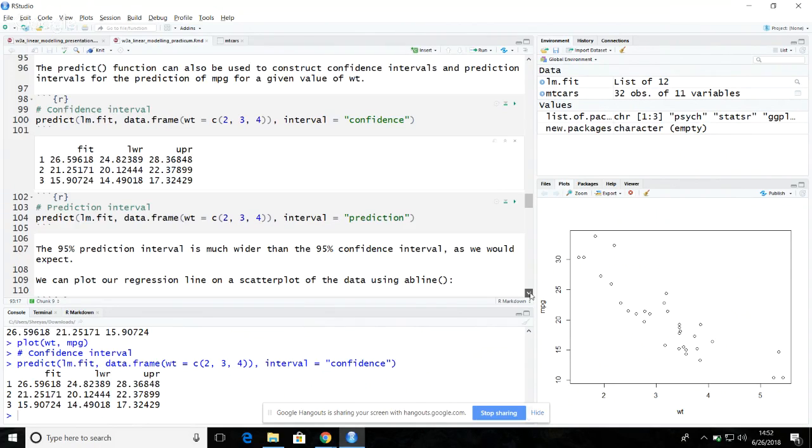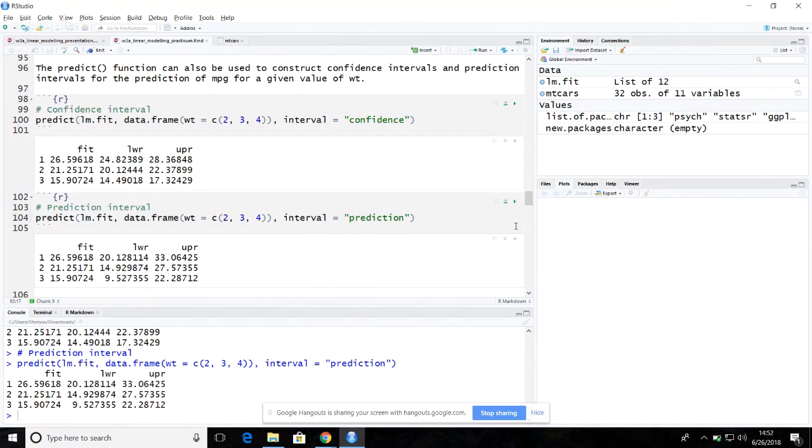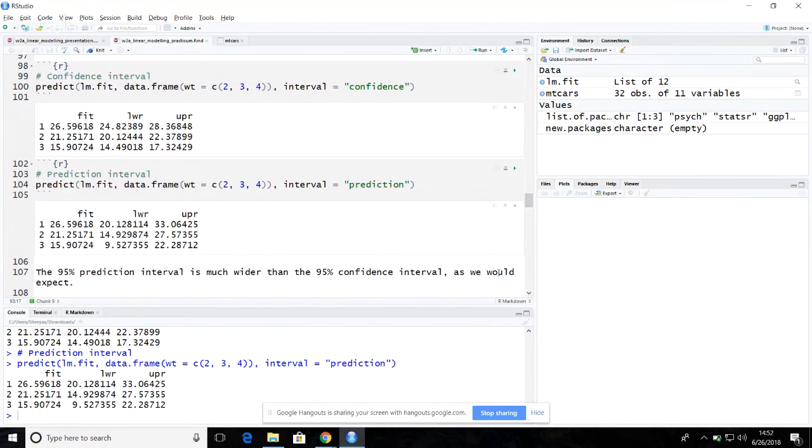Next, we can also generate a prediction interval. This is really easy. You do the same thing. The only difference is you specify interval equals prediction. The difference between the confidence interval and prediction interval is that the confidence interval is dealing with your expected value, so y hat, but your prediction interval is dealing with the true value y.